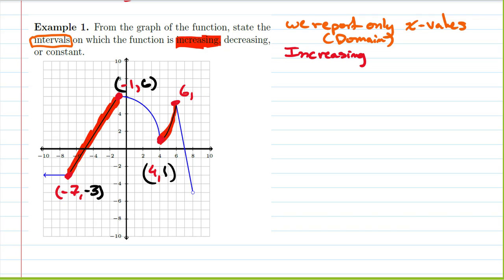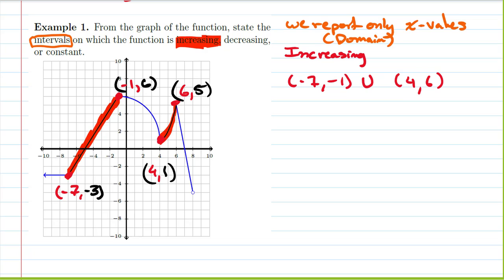But when we are reporting our places where it is increasing, we're going to take only our x values. So it's increasing from -7 to -1, and it is also increasing here from 4 to 6.